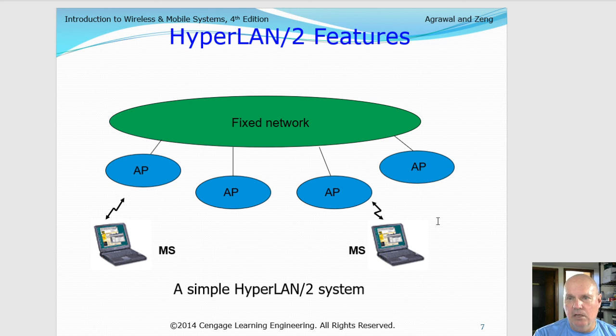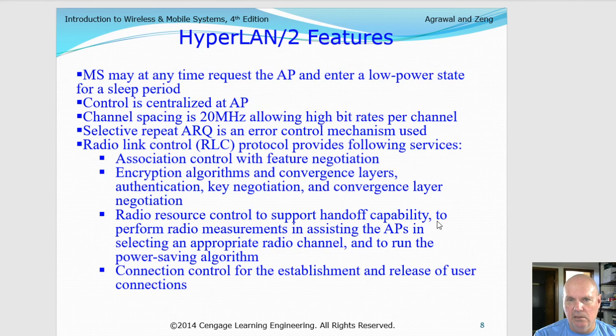So again, Hyperland 2 was intended, similar to Wi-Fi, to use access points. The access points provided a connection to various mobile systems, and they were a bridge between the mobile systems and the fixed internet. Okay, so again, some Hyperland 2 features: control is centralized at the access point. A little bit here on spacing between channels.